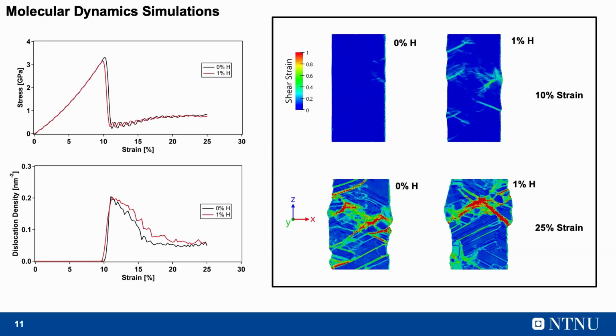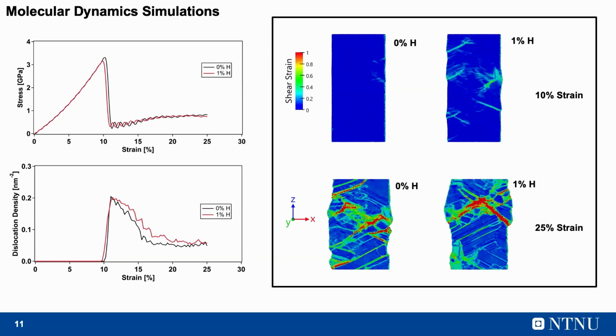Although the pure case shows no slip traces at 10% strain, the hydrogenated case already started slipping by the prismatic slip system. And this is the end of the simulation. You can see larger slip traces in the hydrogen case as well. This was conducted to understand the effect of solid solution in more detail or at an even smaller scale.